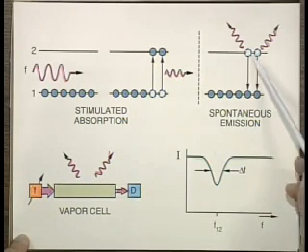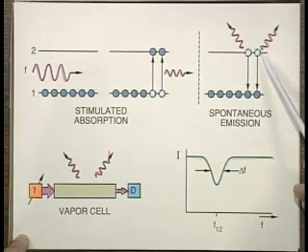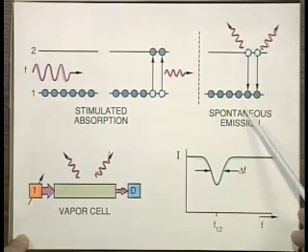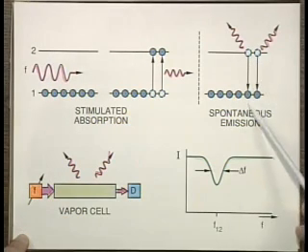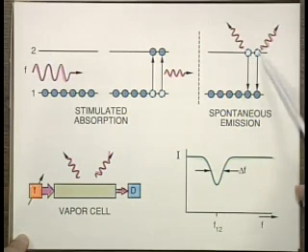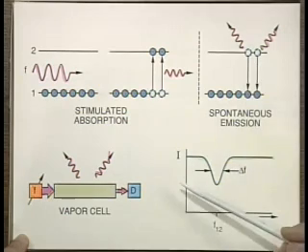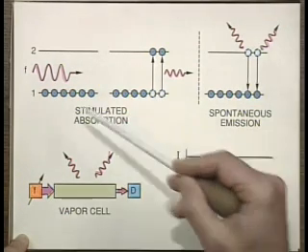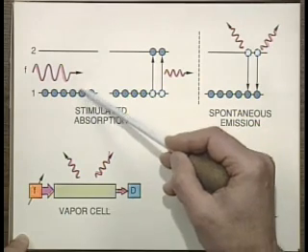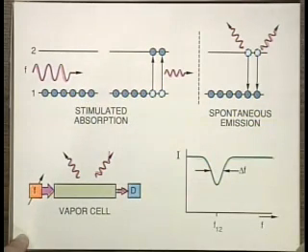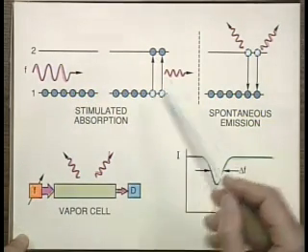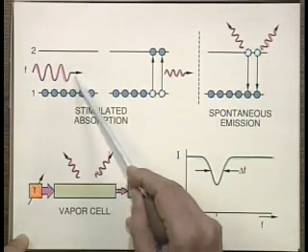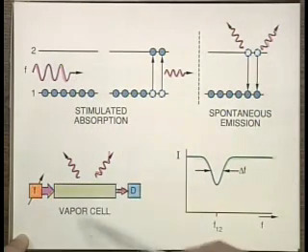Because these atoms that are in the excited state, in lots of cases, they don't like to stay up there. They like to come down. And when they decay, they emit a photon in a random direction. And the wavelength or frequency of this photon is equal to the one that brought it up. So essentially the light that was absorbed from the original beam is now sent into all these directions.